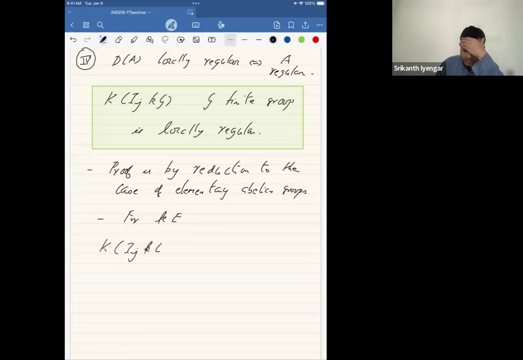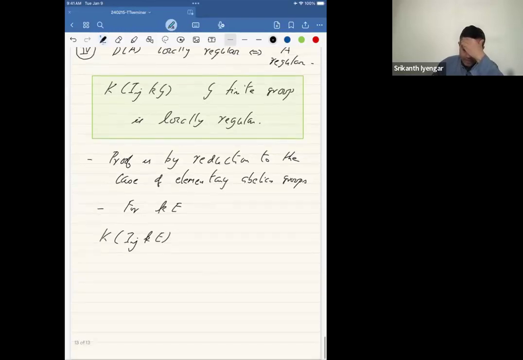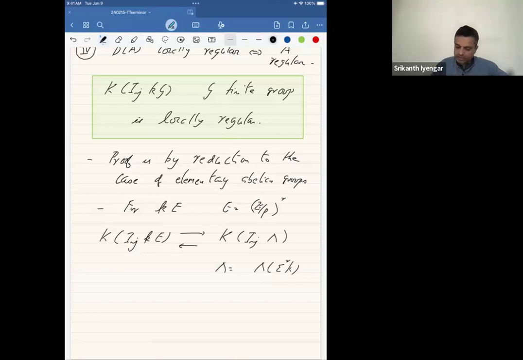This is something we have used many times by now. If you look at the homotopy category for E, an elementary abelian group, there are comparisons to the homotopy category of DG injective modules over an exterior algebra, where lambda is an exterior algebra on R cop. This is the homotopy category of differential graded DG injective modules.